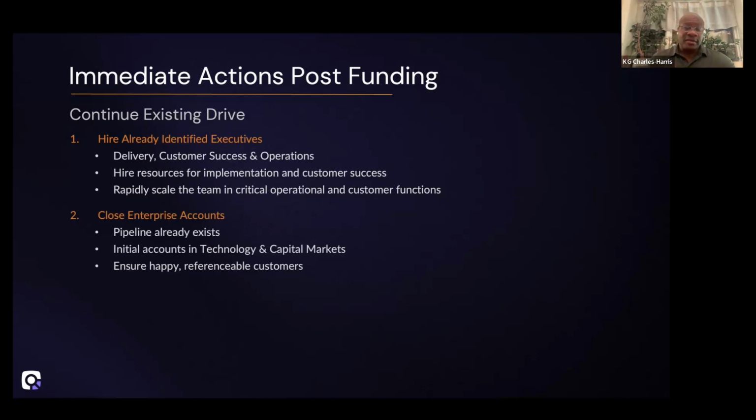The second thing we're doing is that we're going to close the enterprise accounts that we've already been in contact with, we've already done demos with, they're in our pipeline. We have a broad area of pipeline, but we're focusing very narrowly in the technology and capital market space for obvious reasons. And the goal is to ensure happy, referenceable customers.